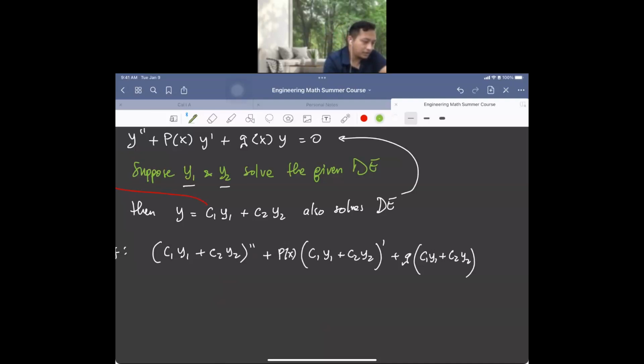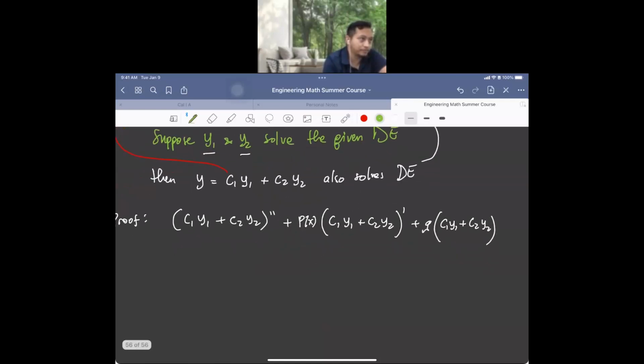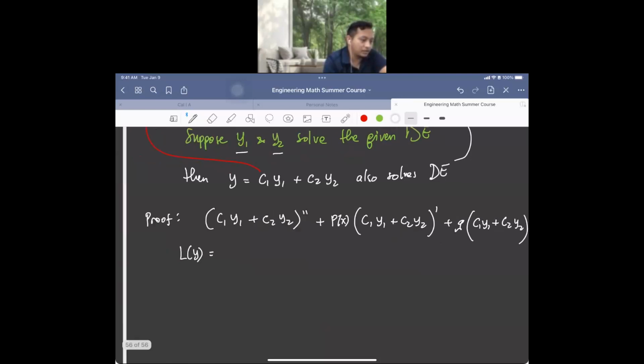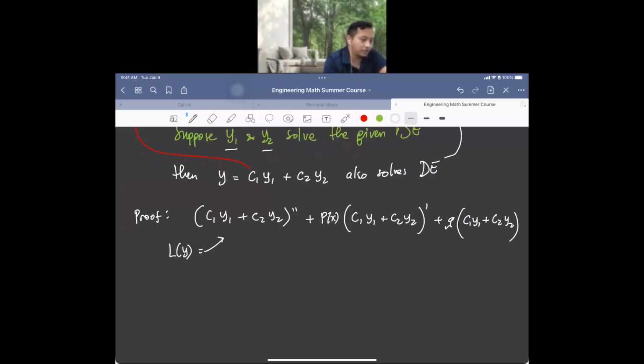Now, this is a linear operator, as we did with L and D before, so we can write it in terms of L of y.